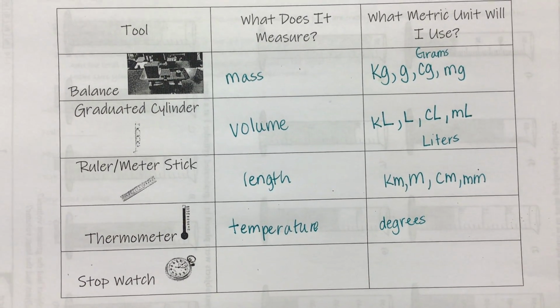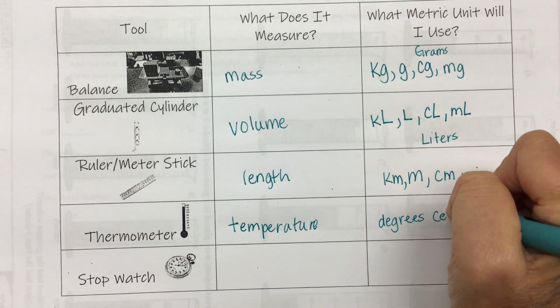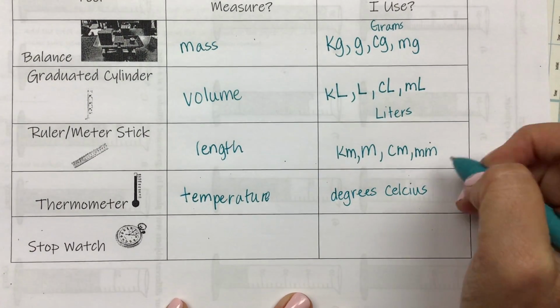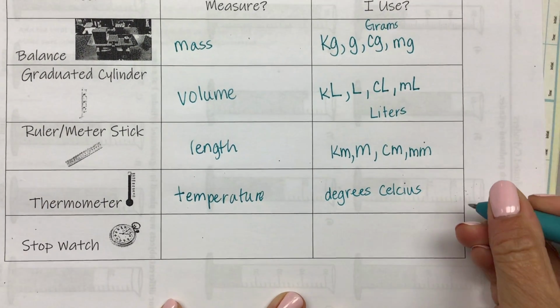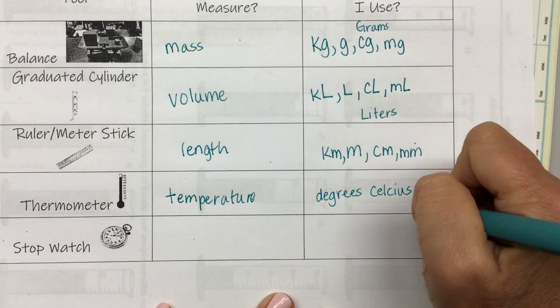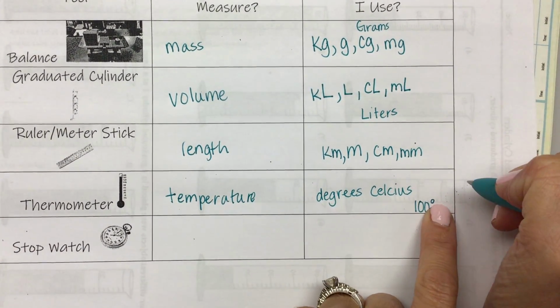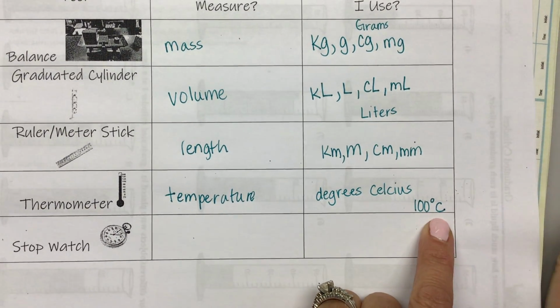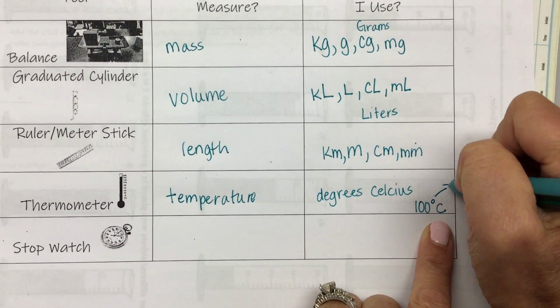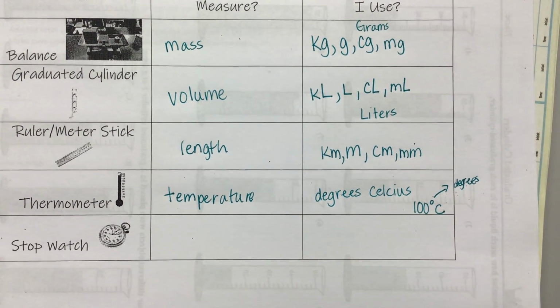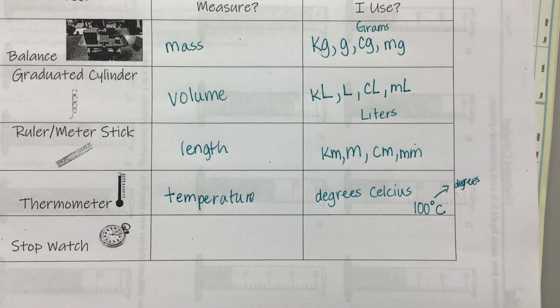But in metrics, it's degrees Celsius. And here is how we abbreviate degrees. So it might be 100 degrees Celsius. That little circle means degrees. Look how many things I've written down.